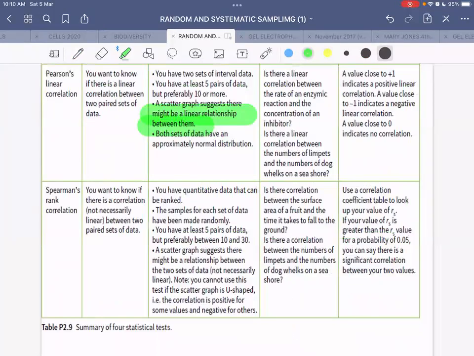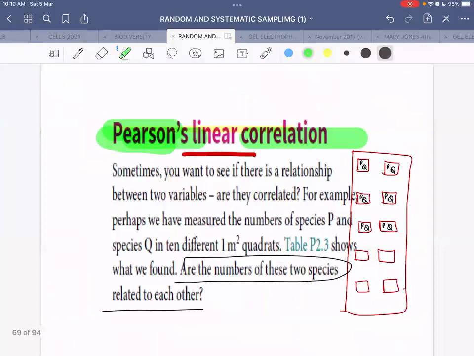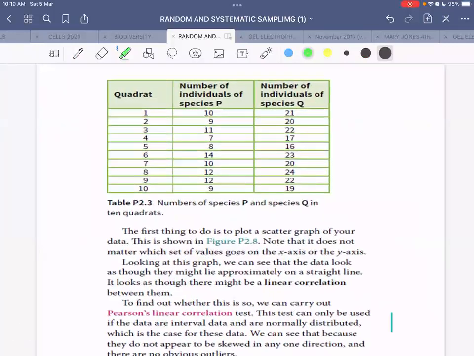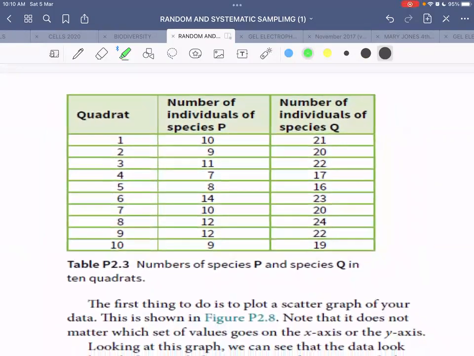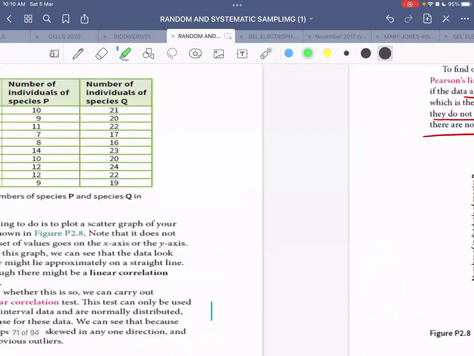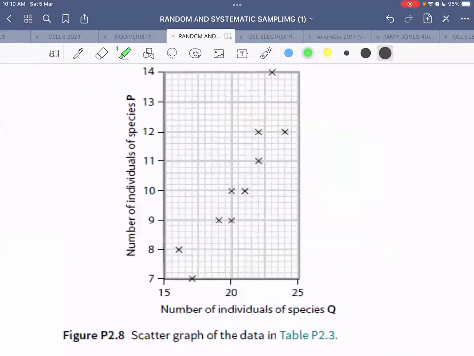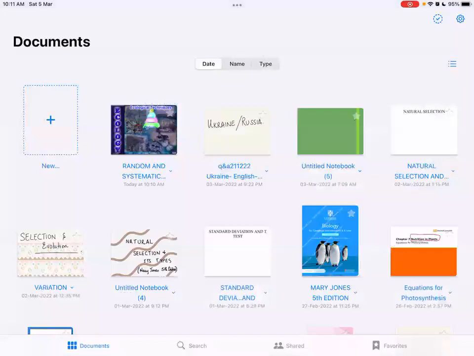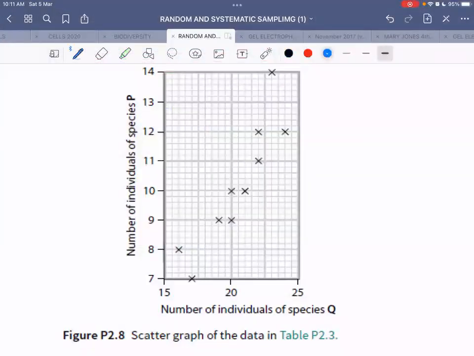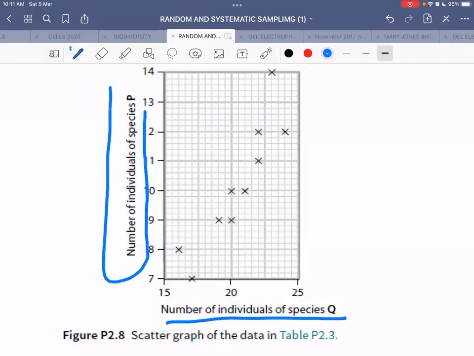This is what we did last time, that I had given you some data. This was the data, if you remember. And since we were short of time, I showed you this graph, if you remember, right? Tell me, Mariam, looking at this graph, what can you comment about the numbers of individuals of species Q and numbers of individuals of species P?